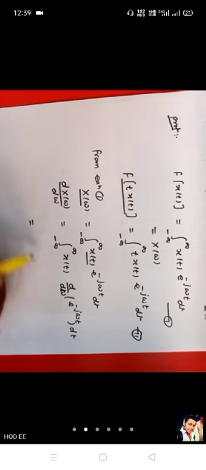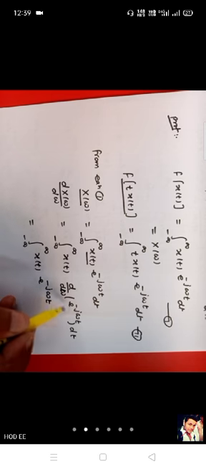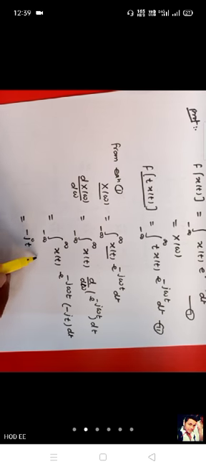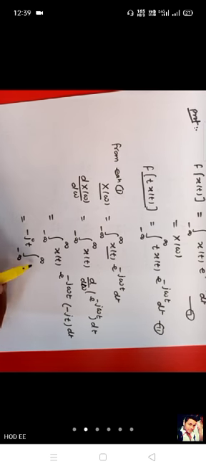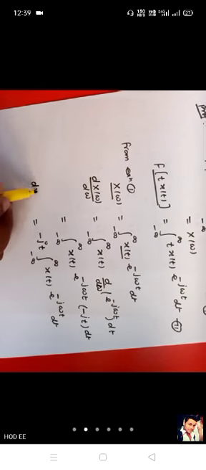So make the differentiation, it will be minus infinity to plus infinity xt e raised to the power minus j omega t, and because we are taking the differentiation with respect to omega, so here it will be minus j t into dt. So take it outside the integration, this is minus jt integration minus infinity to plus infinity xt e raised to the power minus j omega t dt. Okay, this is dx omega upon d omega.